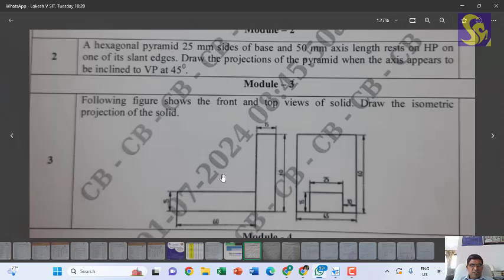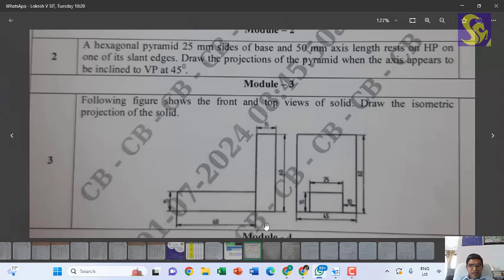Basically, there is a mistake in the question. This is the front view. If you take this as the front view, basically this forms the side view. Okay, it forms the side view from left, so it is a left side view, so it is not the top view. Nevertheless, we'll try to solve it. Seeing the side view, you can see that there are two blocks.